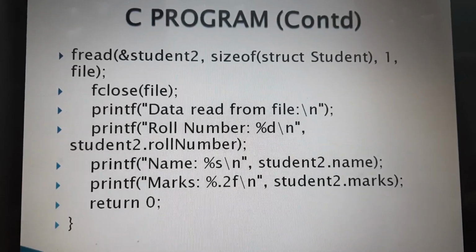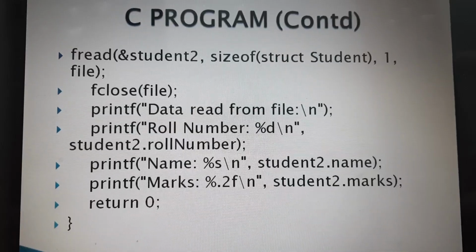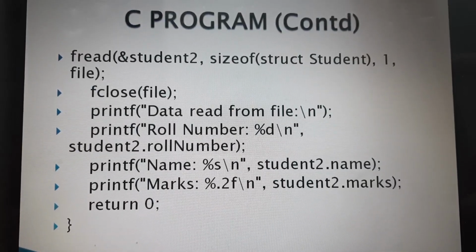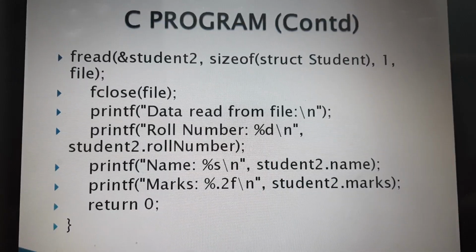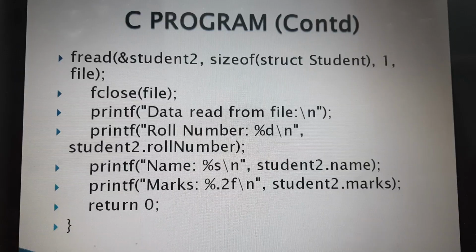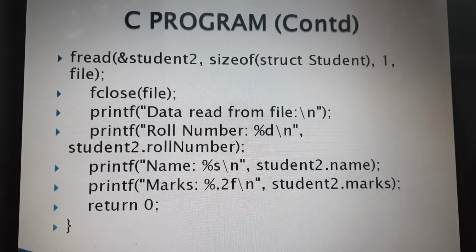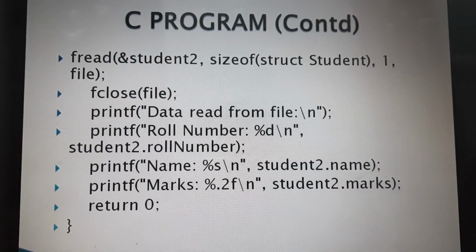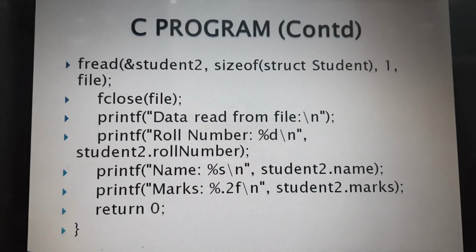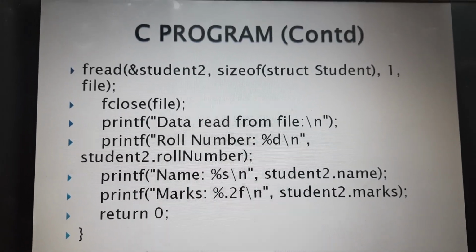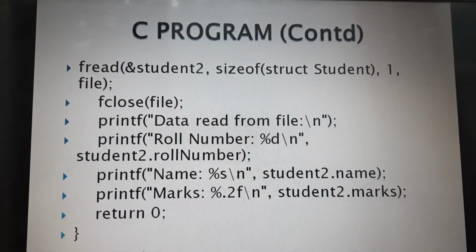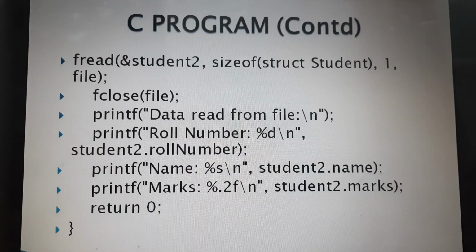This is the format that we have to follow while using the structure concept inside the program. So student2, that is object 2, dot first data type. Printf name, the format specifier represents a set of characters, enclosed with double quotation, student2.name, and third one is mark. So all the three things will be displayed as output here.